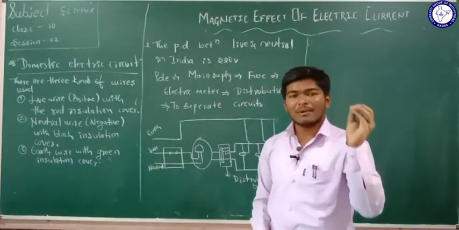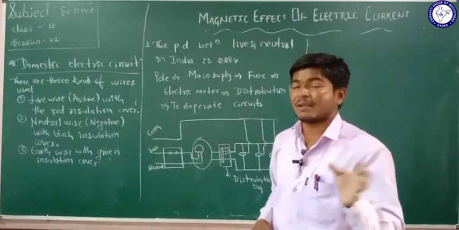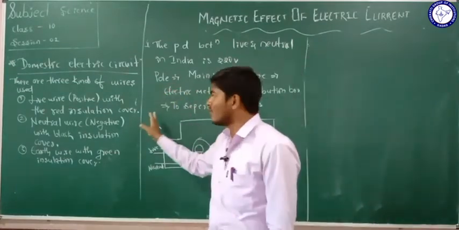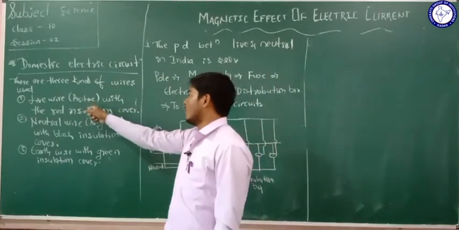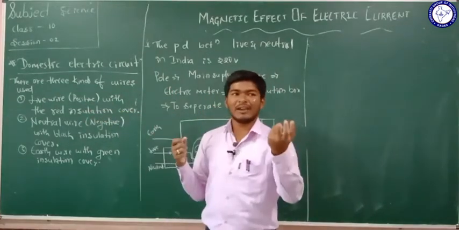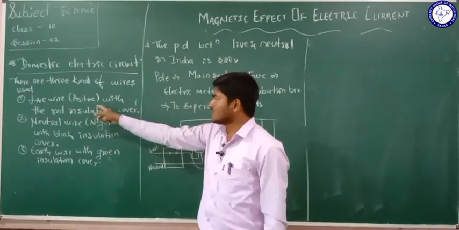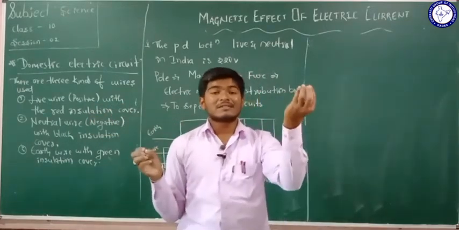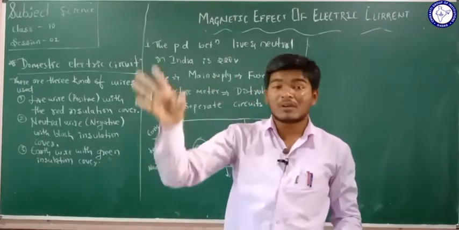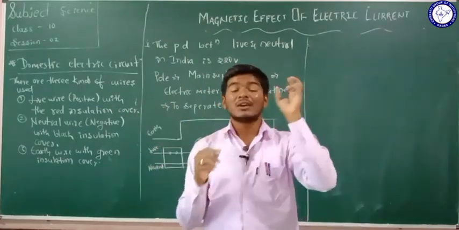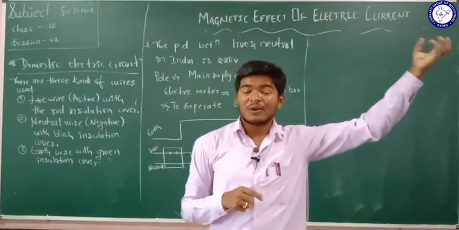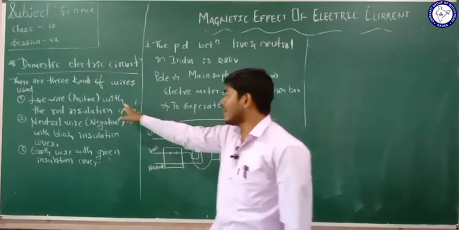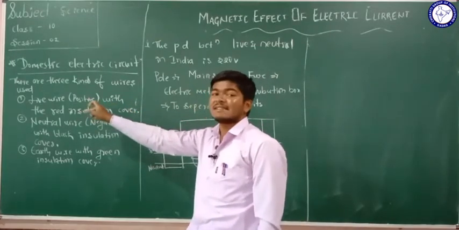But commonly, an electric pole which provides electricity to domestic houses has 3 kinds of wires. One is the live wire, the positive wire, with a red insulation cover. So when you look at the wires present in your home, or the wires attached to the wires present in the poles, the red wire indicates the live wire, that is the positive wire.